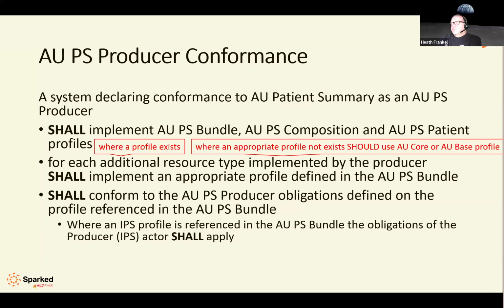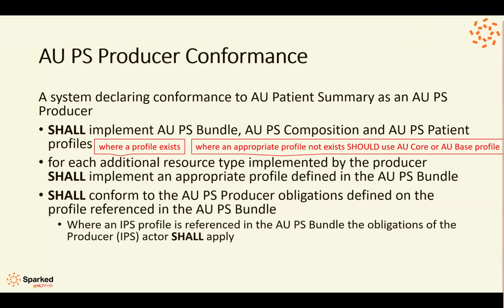Yeah. And the previous TDG calls have been going through each of the profiles and basically pointing out where the intersection between IPS and AU Core are different, and hence you need to pay your attention to be able to satisfy that principle of being conformant to both.